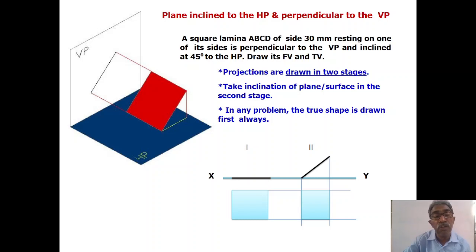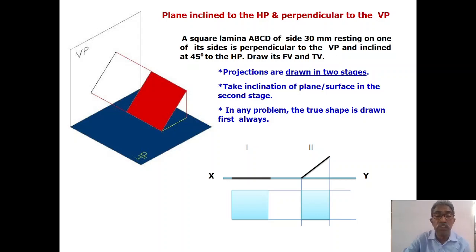Here the plane is inclined, therefore in the top view you will get the reduced shape, which is called the apparent shape of the section.